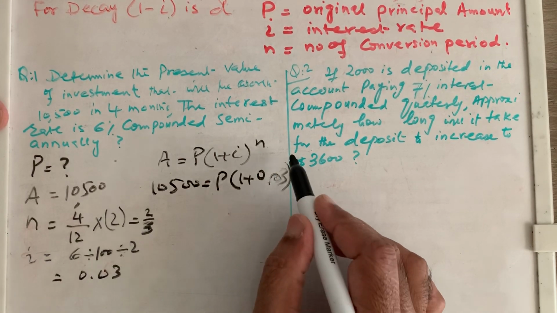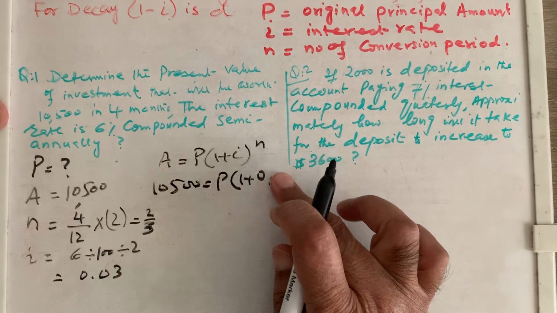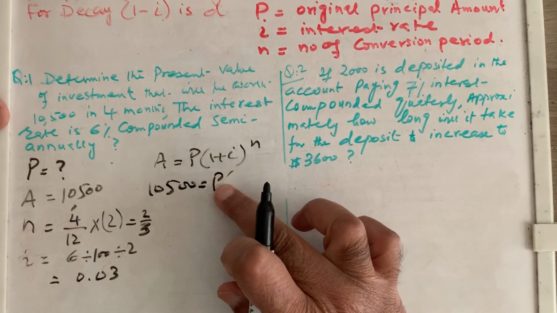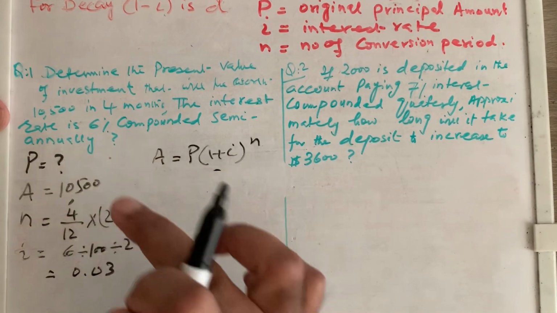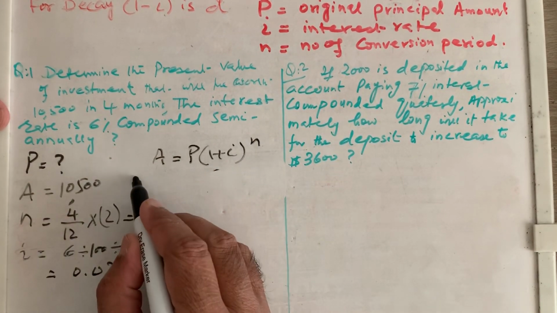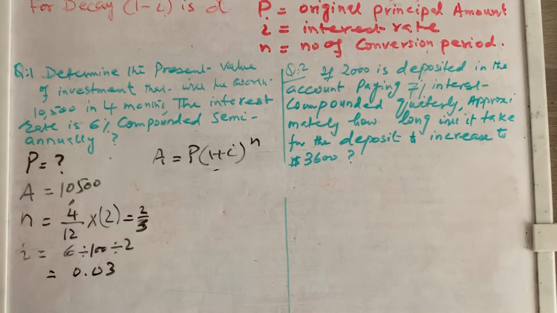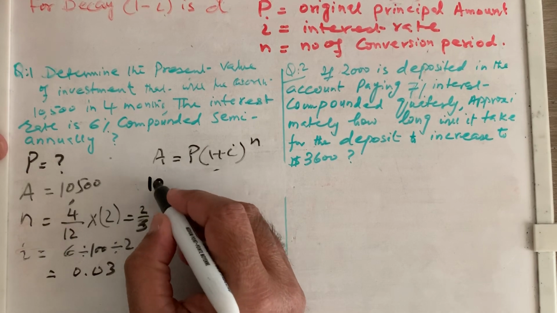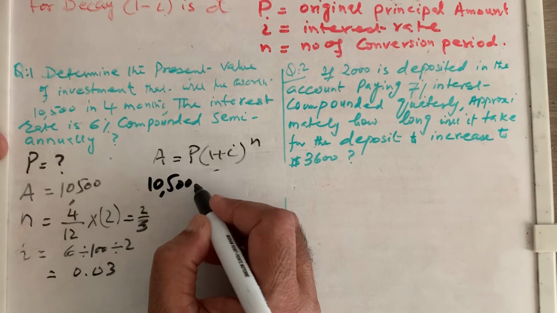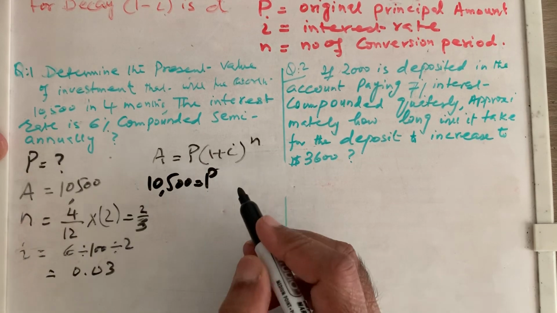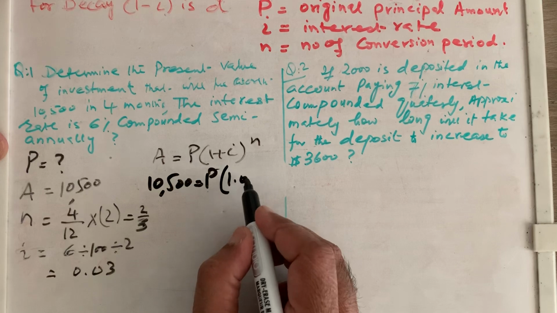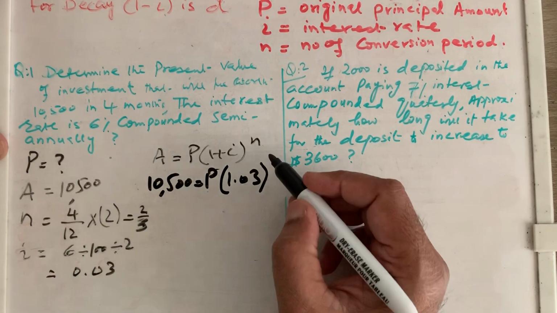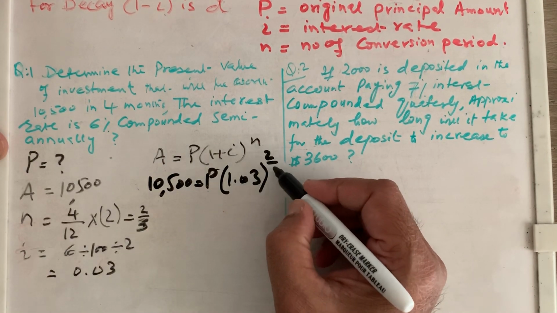To the power n. What is my n? Let me write it a little smaller so that we have some space. So 10,500, which is my A, equals P times 1.03, because it is added up, raised to the power n. n is my 2 over 3.